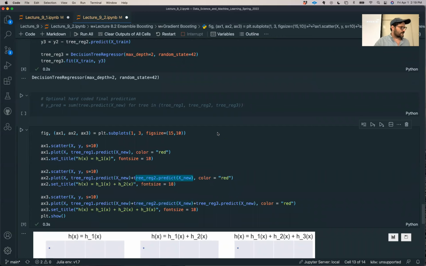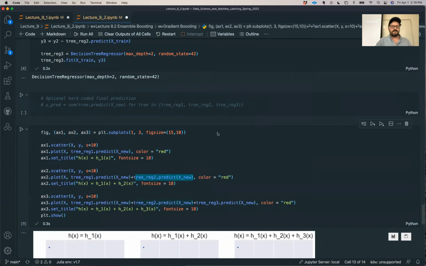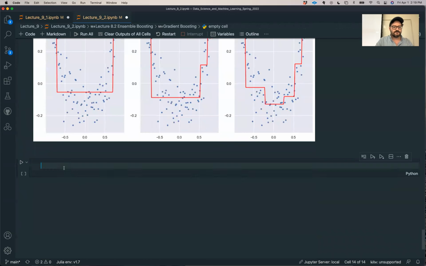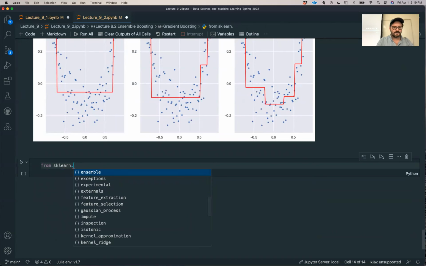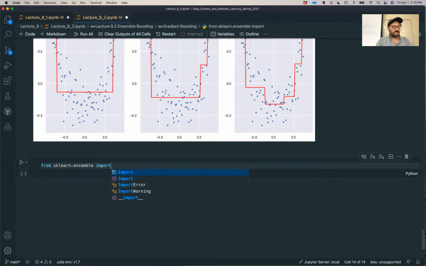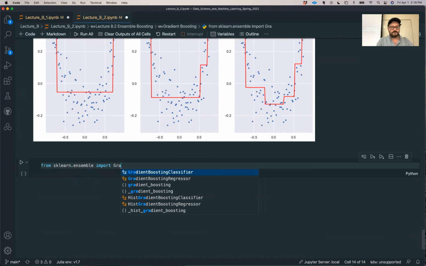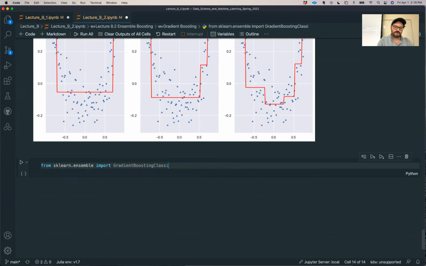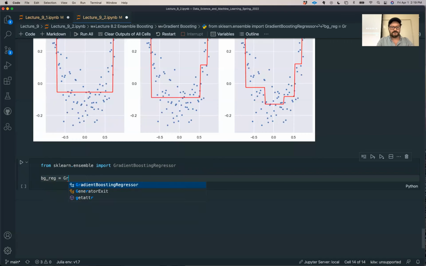Of course, scikit-learn has a built-in functionality for this. So from sklearn.ensemble import GradientBoostingRegressor. And then I'll use gradient boost regressor equals, so I need to instantiate it.